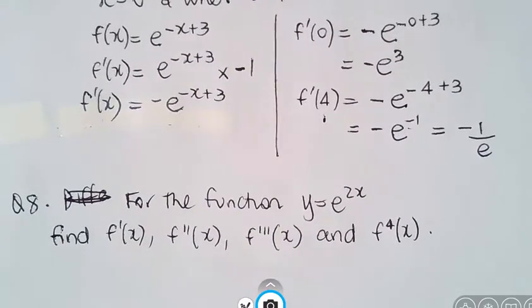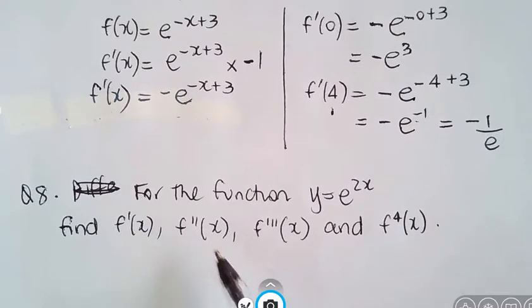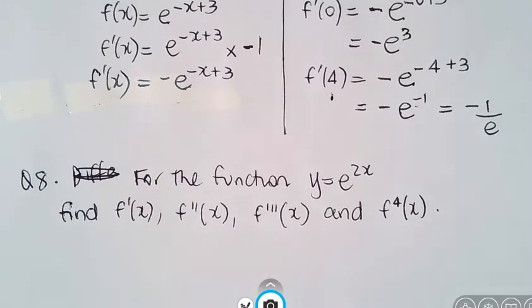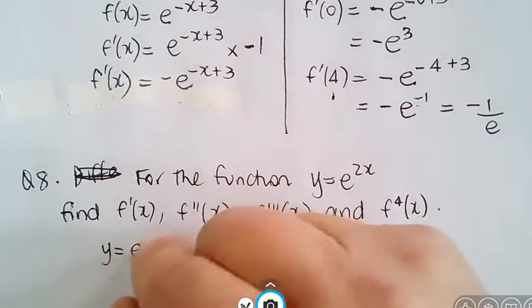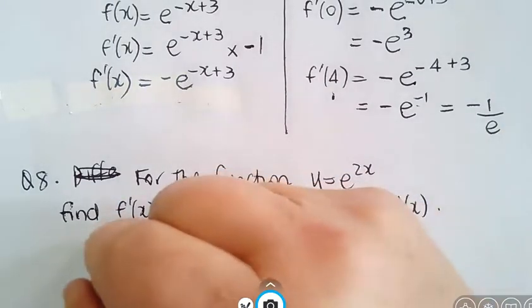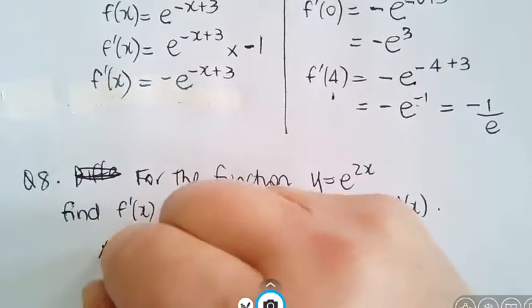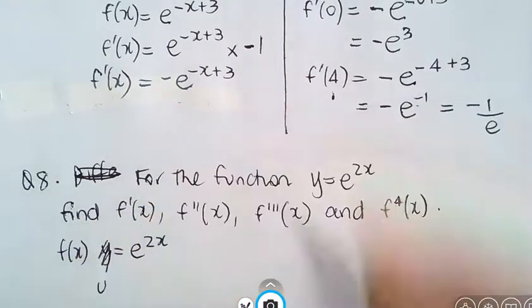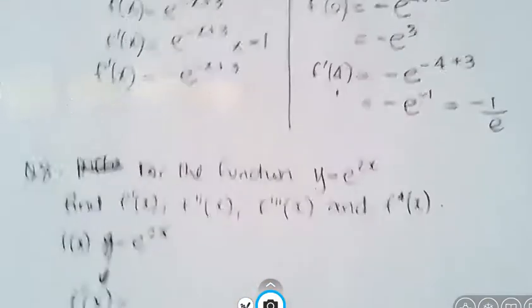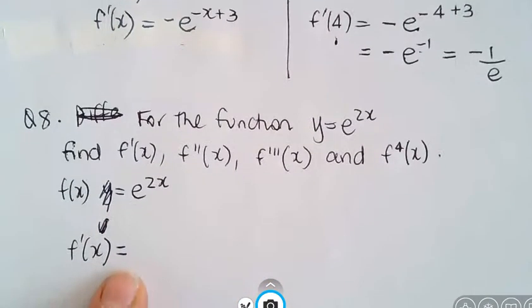Okay, now something new that you may not have seen, but you'll see it more next year, is find f dashed x, f double dashed x, f triple dashed x, and f to the power of 4. What do you think that means? Keep differentiating. Yep. So I'm going to write function of x equals e to the 2x. f dashed x is called my first derivative.